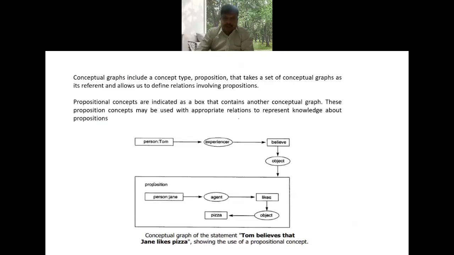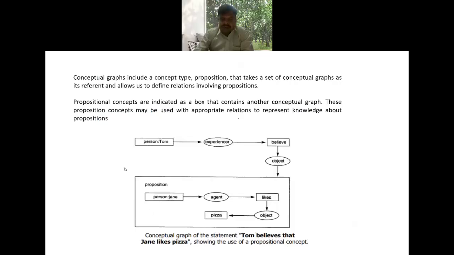For example, here Tom is a person. Tom believes the object. What does he believe? Tom believes this particular proposition. What is the proposition? John likes pizza. Tom believes that John likes pizza.